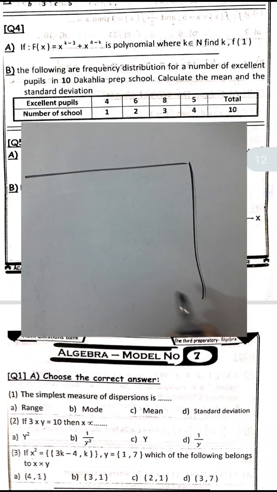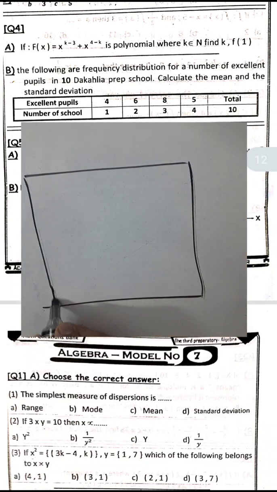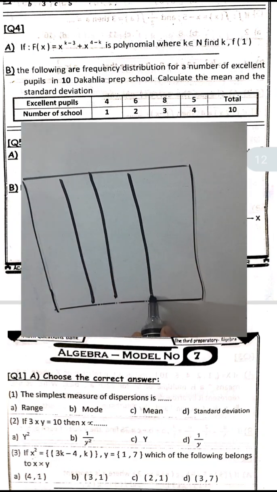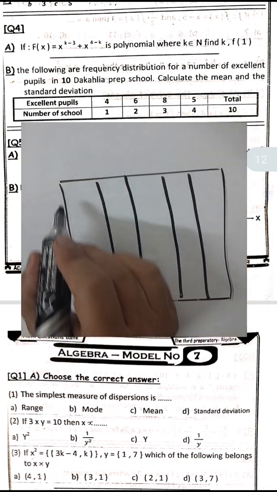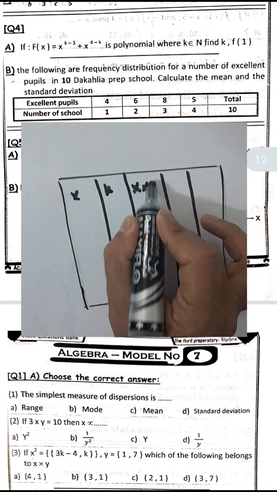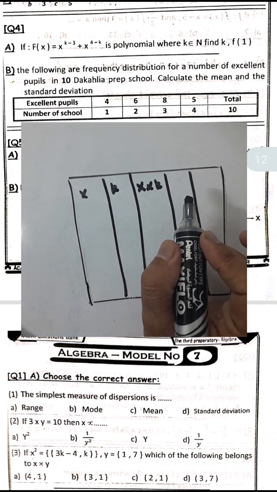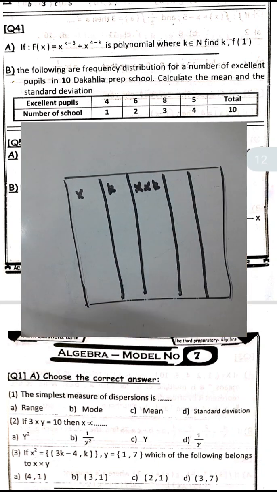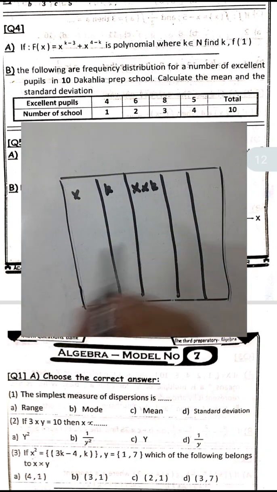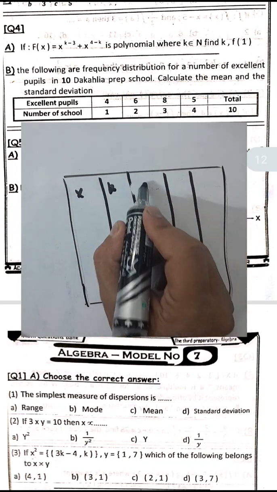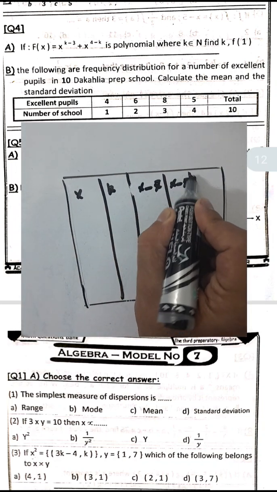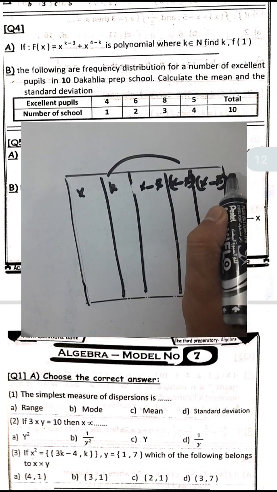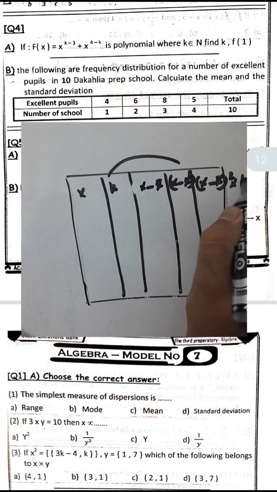Then draw another table with x and k, x times k, and the difference between x and x bar, x minus x bar squared, and the product of x minus x bar squared by k.